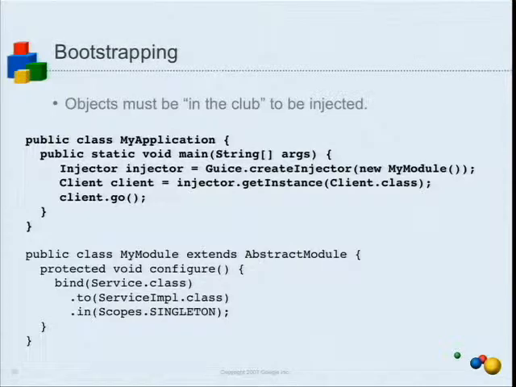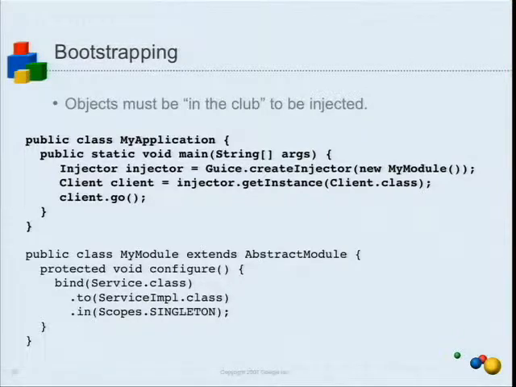In this case, we didn't need an explicit binding for client because client's a concrete class, and Guice knows how to create it. We could also pass Guice an interface here, but we need to tell it what's bound to that interface somewhere. And then in this case, we just call client.go. In a real-world application, say this was a command line application, our main method would look very much like this.